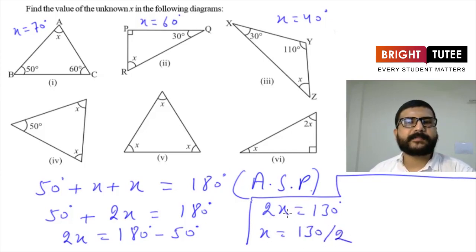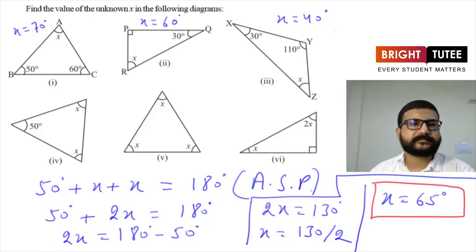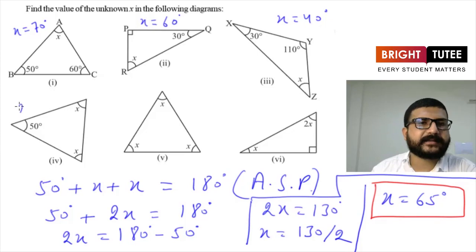Here 2 was multiplied with x, so after transposition, it will come in division. Now finally, we will get x is equal to 65 degrees. So the final value of x we are getting from here is 65 degrees. We can write it here that x is equal to 65 degrees.